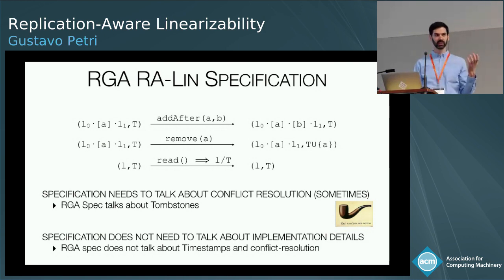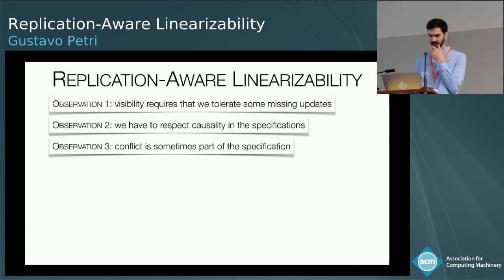But importantly, the specification does not need to talk about all the details of the conflict resolution. In particular, the way that the specification specifies conflict need not be related to the way the implementation implements the conflict resolution algorithm. So this is important.